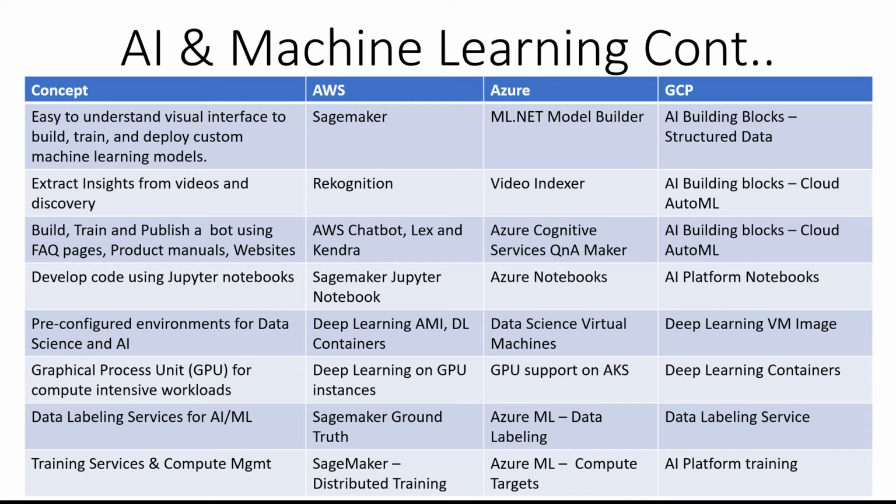To manage that in a better way, AWS has tools like SageMaker distributed training. Here, everything is more or less SageMaker, because SageMaker is their flagship product, and under it there are sub-products like SageMaker distributed training. In Azure, it is Azure ML compute targets, managing these computes in a better way for training, and in GCP, it is AI Platform Training.